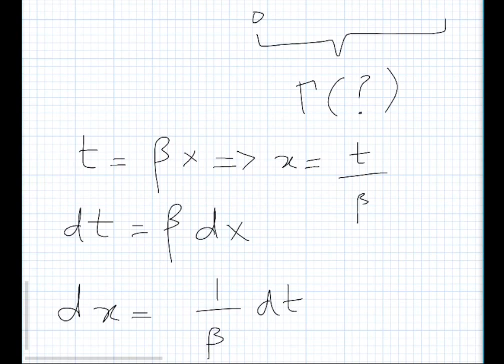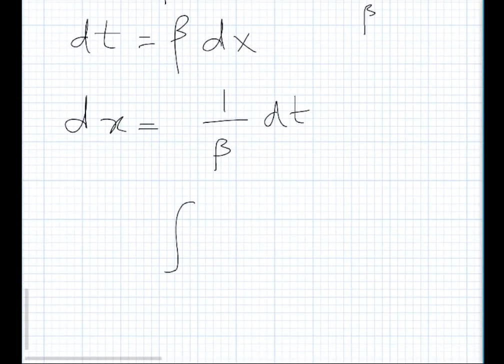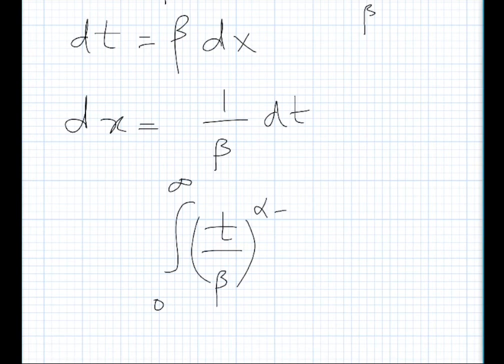So our integral becomes, I'm just talking about the integral now, t over beta to the alpha minus 1 e to the minus t dt times 1 over beta.